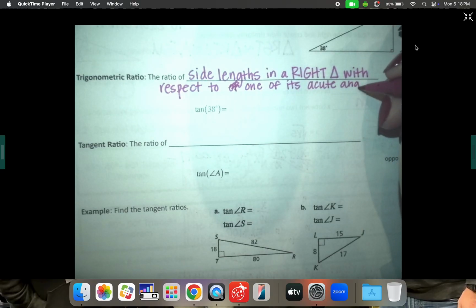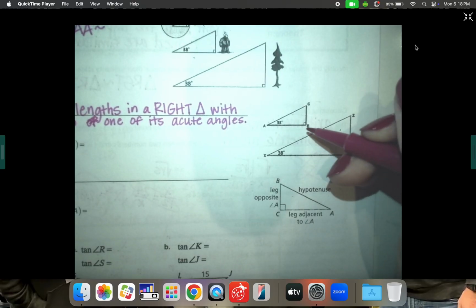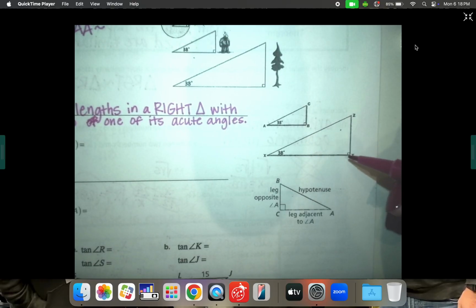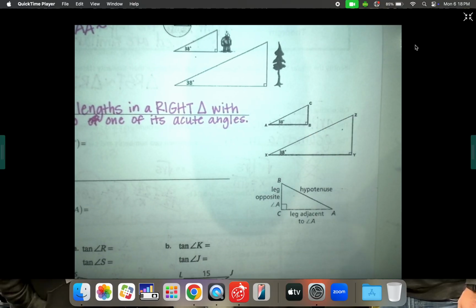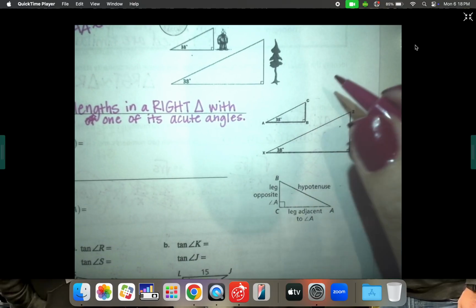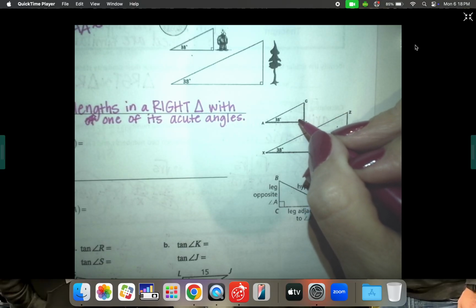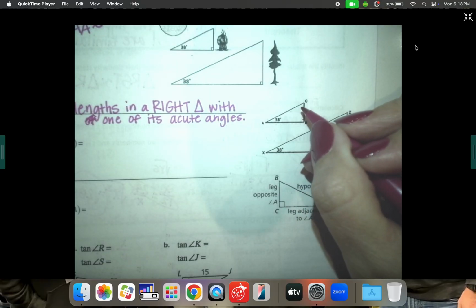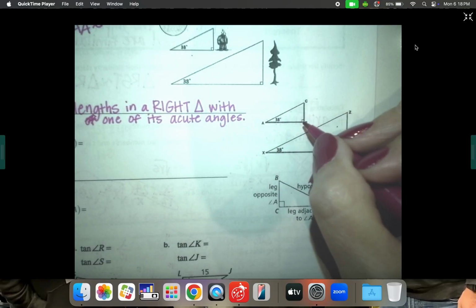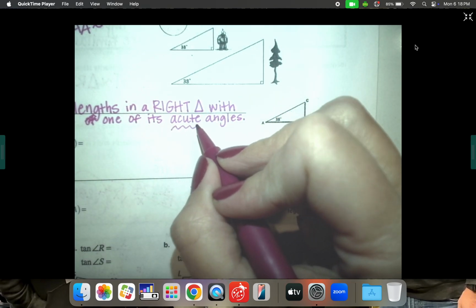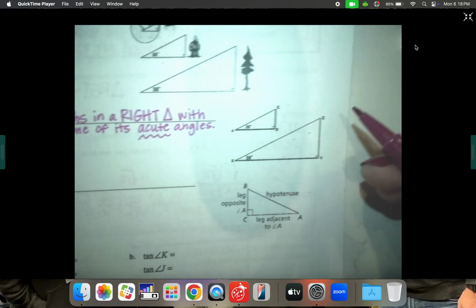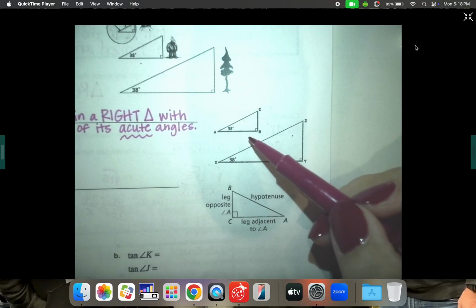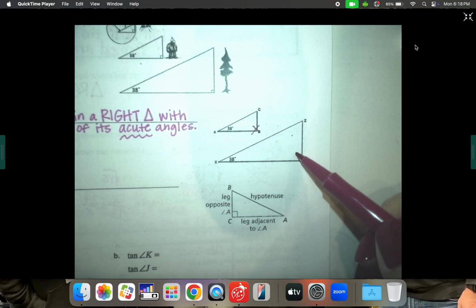So here's something really important to remember. When we're using trig ratios, we're never using the right angle. If you think about it, if it has a right angle, can it also have an obtuse angle? No, it cannot, because if it has a right angle in a triangle, then the other 2 must be acute to add up to 180. So we're talking about one of the 2 acute angles. When I say find an angle you're going to use, you can't ever use the right angle.